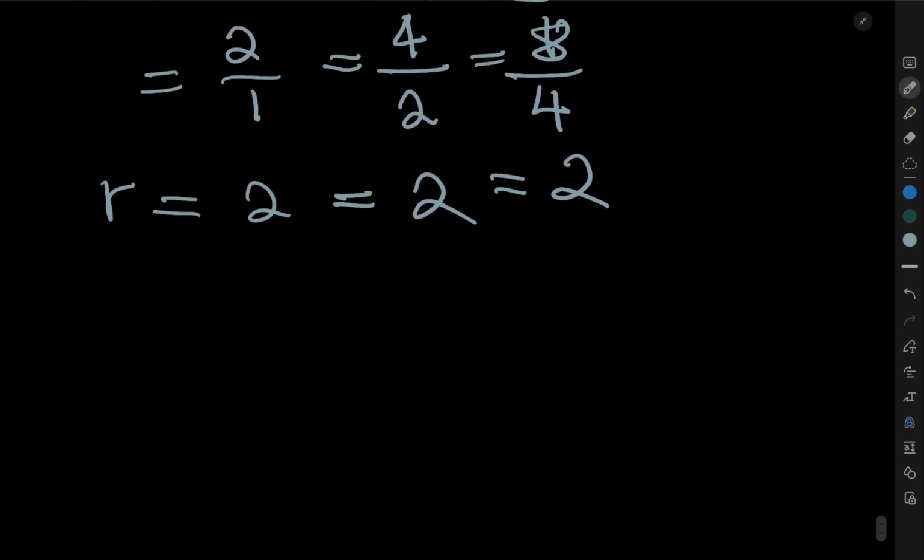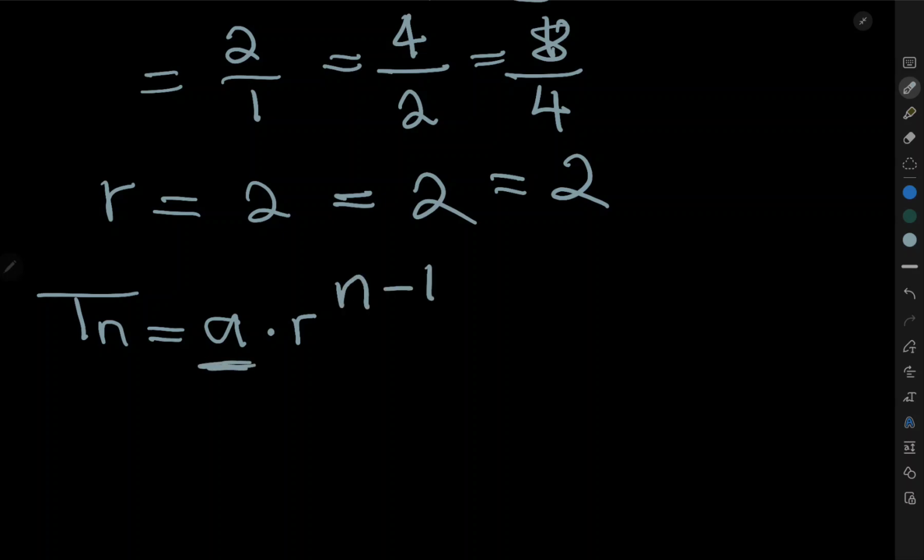To apply this common ratio, we need to know this geometric formula that says Tn equals A times R to the power of n minus 1. In this case, A still stands for the first term.